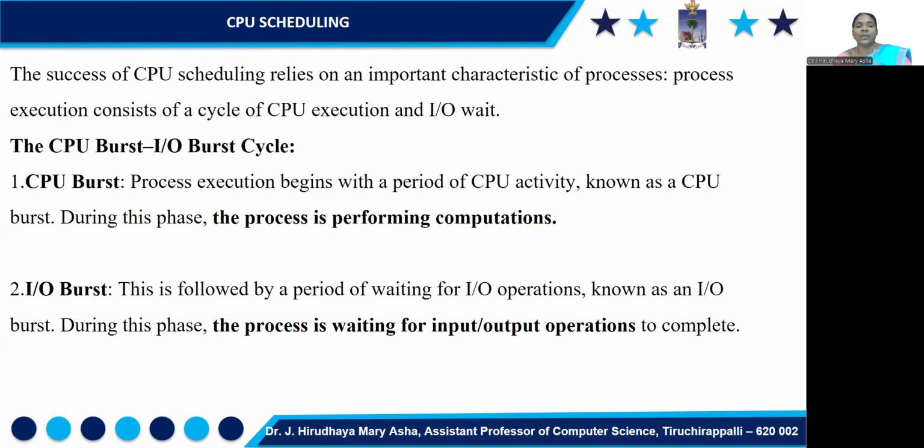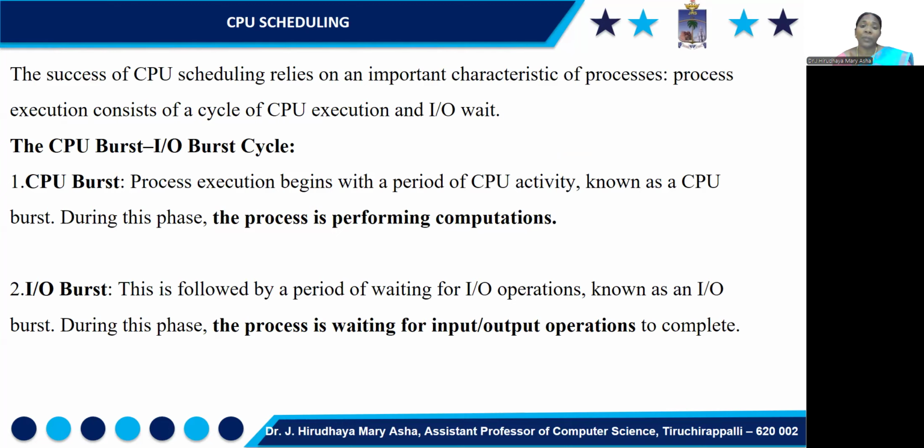Here, the success mantra of CPU scheduling is the CPU burst and IO burst cycle. This cycle is important. In the previous example, we have seen that the CPU was switched among processes P1, P2, and P3. While P1 gets its execution, P2 and P3 are in the waiting state.